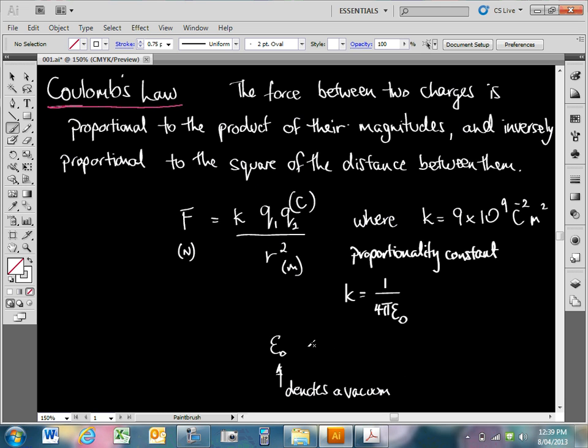This is called the permittivity constant, and it's how the electric field is permitted through the medium in which those charges are.